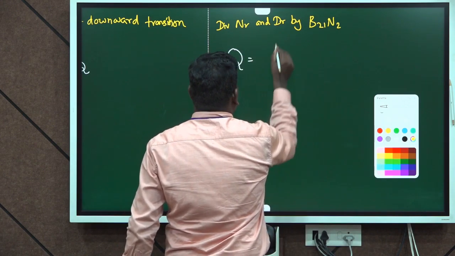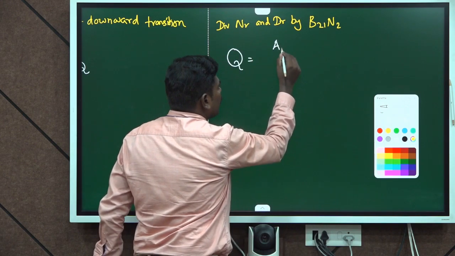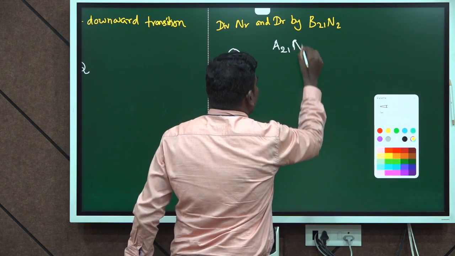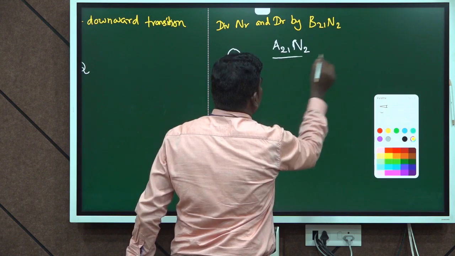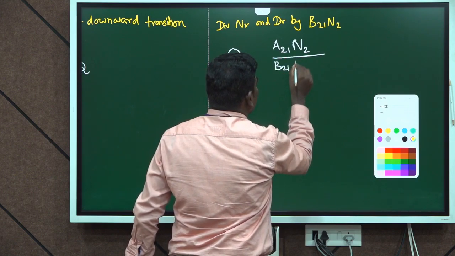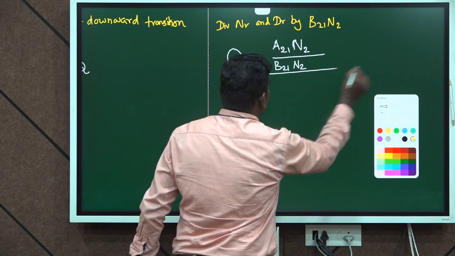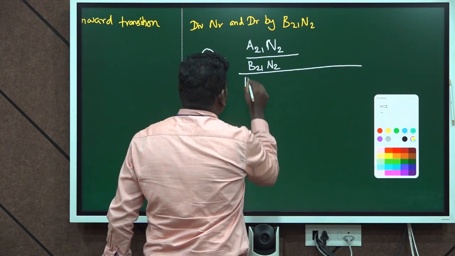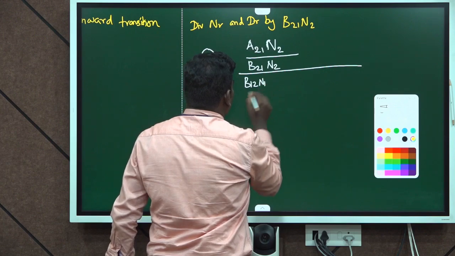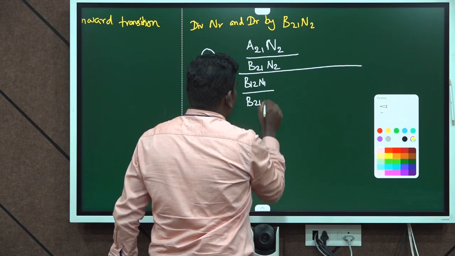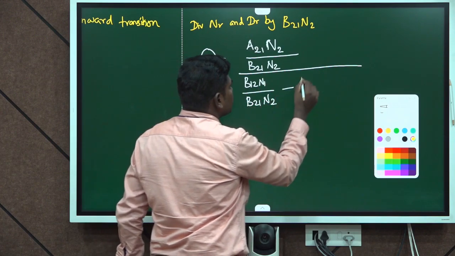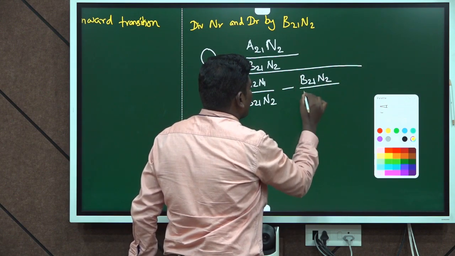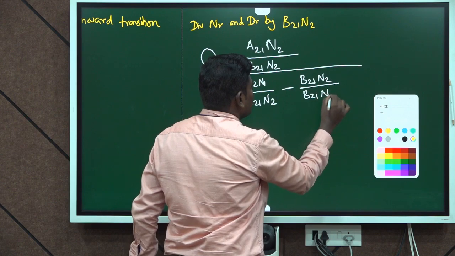Q equals A21 N2 divided by B21 N2, whole divided by B12 N1 by B21 N2 minus B21 N2 divided by B21 N2.